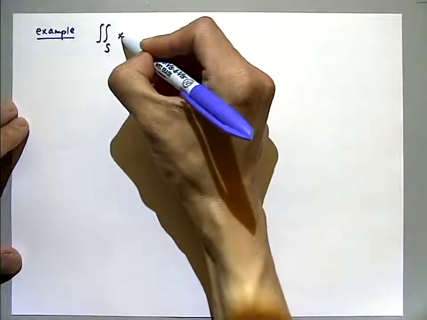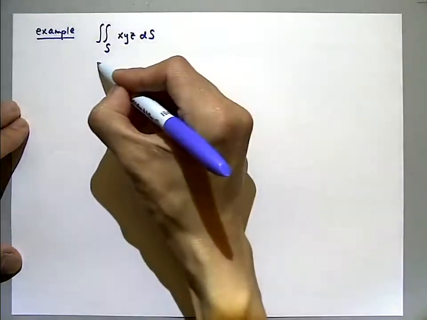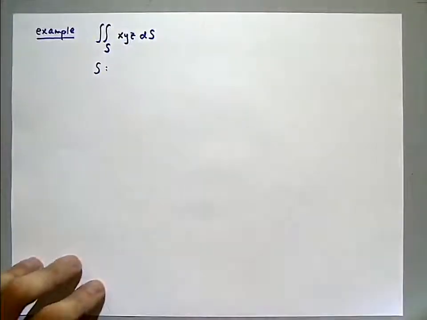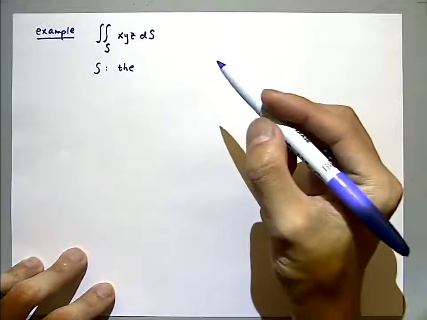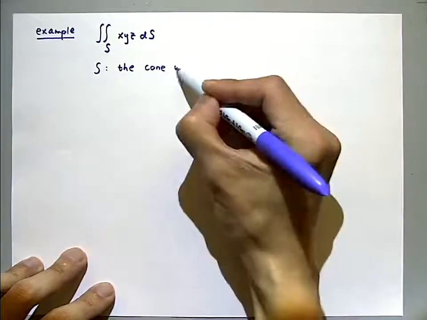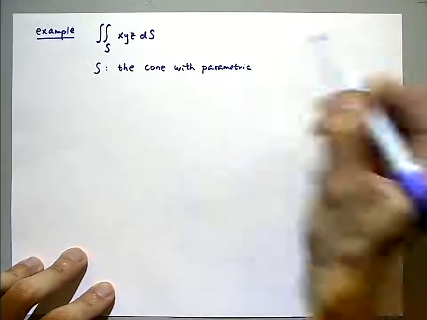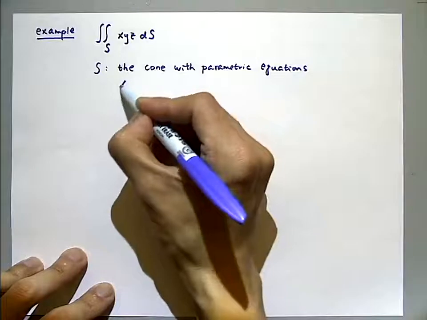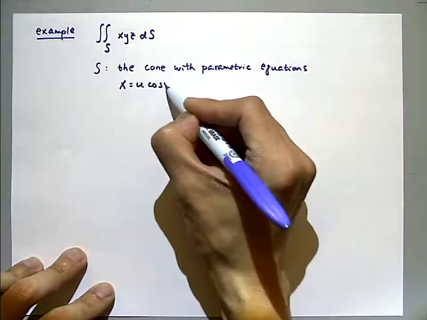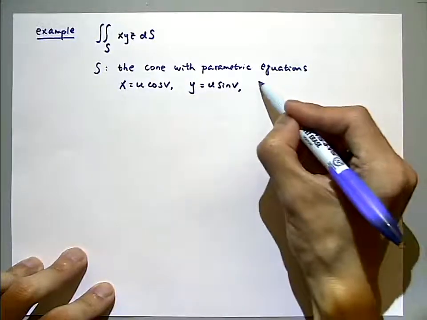Let's calculate the double integral over surface S, where we want to integrate x, y, z d big S. And big S is the cone with the parametric equations x is equal to u cosine v, y is equal to u sine v, and z is equal to u.